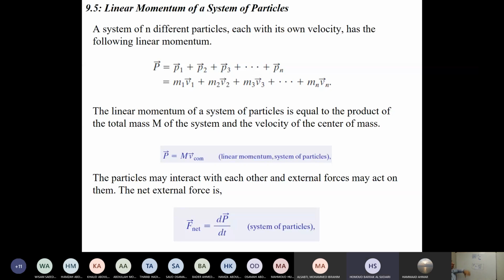Now you should consider the entire system, which consists of 9 tennis balls. So it's not a single tennis ball, but 9 tennis balls in the box. Ignore the mass of the crate. All you are seeing is 9 balls, and you consider it as one object or one system.